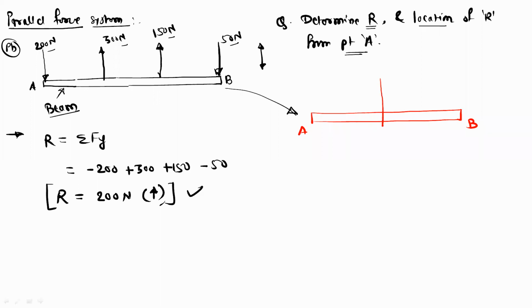So this is the resultant R, which is equal to 200 Newton. So right now we don't know exact location. So we can assume resultant will act in the AB. So assume this distance D. So this is basically a perpendicular distance with respect to point A. And now we use Varignon's theorem.